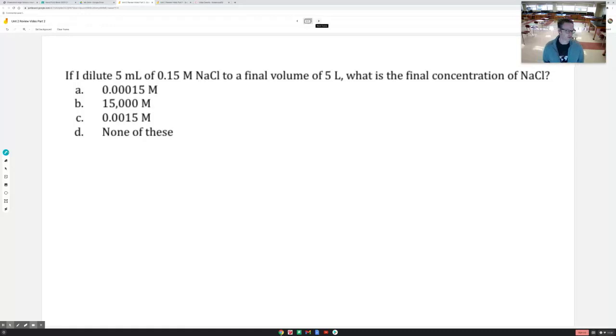All right, dilution problem. If I dilute 5 mL of 0.15 molar NaCl to a volume of 5 liters, what's the final concentration? First of all, we're using the dilution equation: M1V1, starting molarity times starting volume, equals final molarity times final volume. The little trick they put in here is that the starting volume is in milliliters and the final volume is in liters.